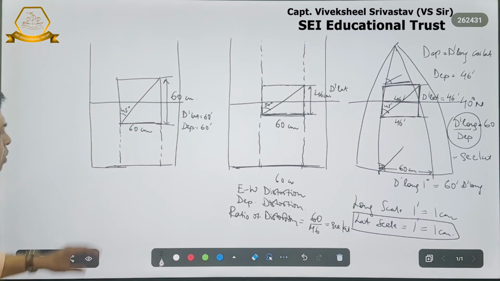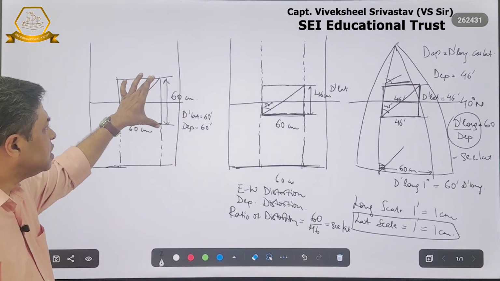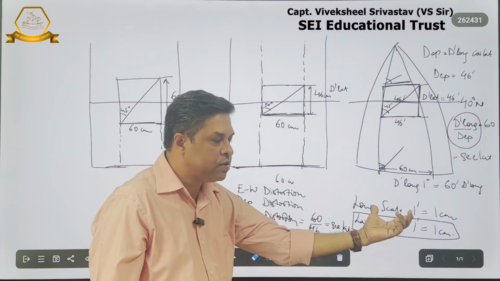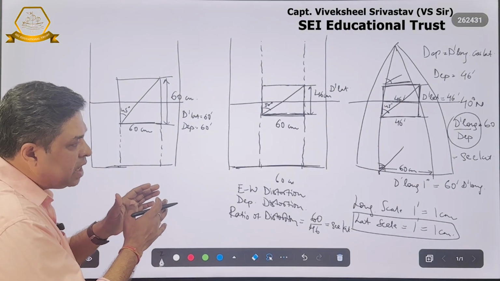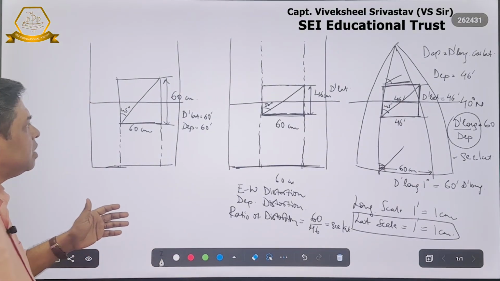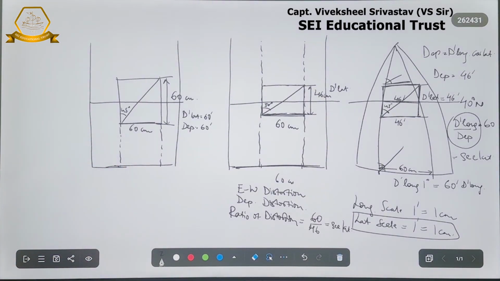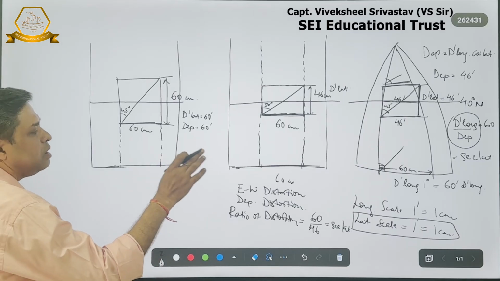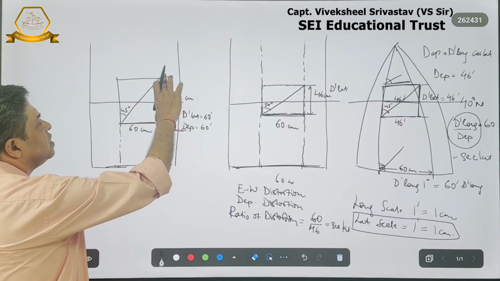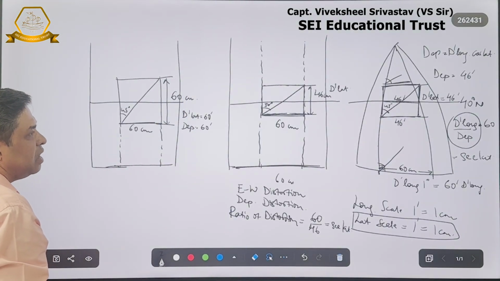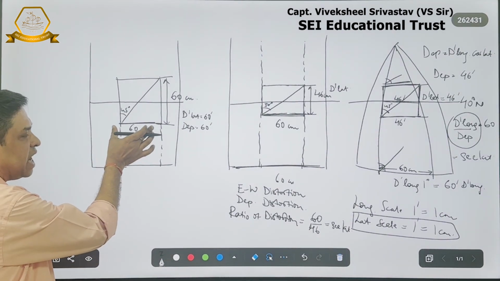We know that this is 46 and this is 46, but on our scale what we are reading is 60, because earlier the longitude scale and the latitude scale were the same, so measurements were okay, but now we have distorted it. So now I need to modify my scale to read 60 centimeters as 46 minutes and 60 centimeters as 46 miles.